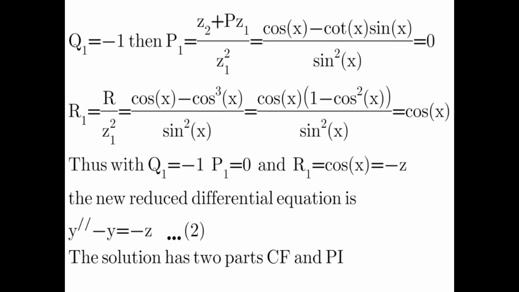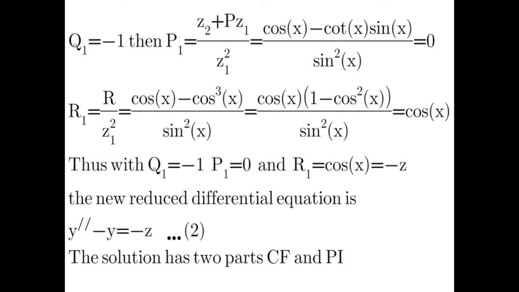Now we are changing the coefficients and also the derivatives y1, y2 with respect to z. So in the entire equation, we need to retain only the functions of z and the derivatives with respect to z.